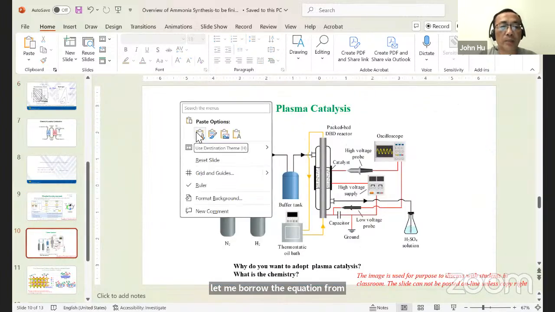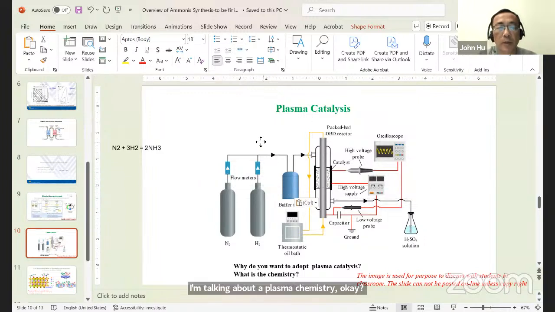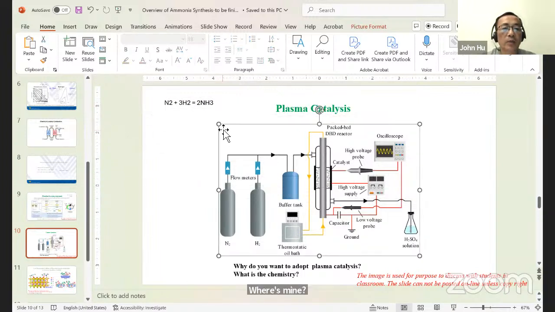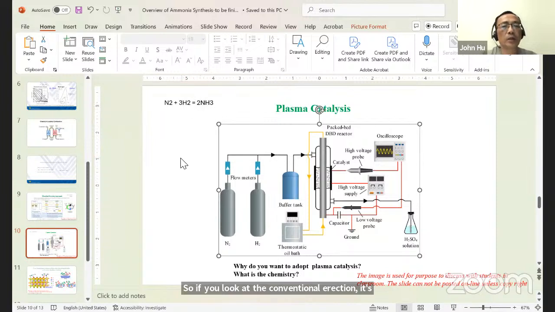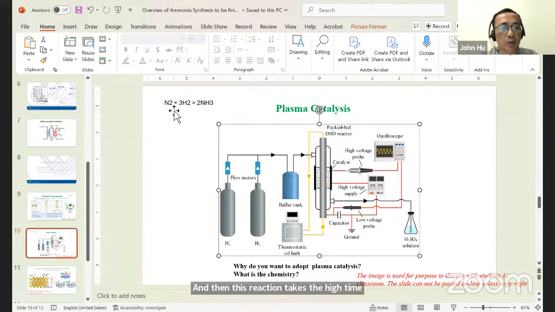I'm talking about the plasma chemistry. If you look at the conventional reaction, it's more like this. This reaction takes high temperature, high pressure, and thermodynamic control. The reason you want to run at high temperature is because of kinetics.